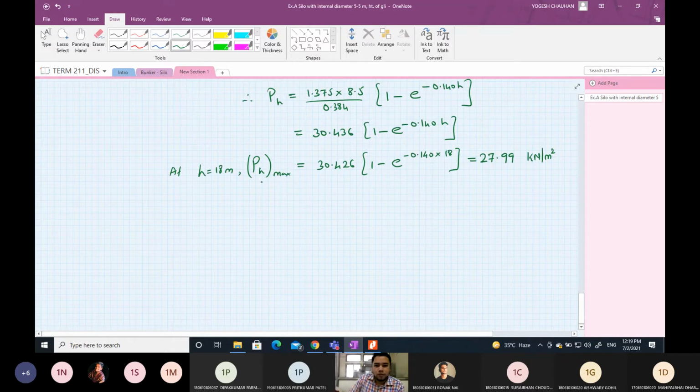Now from this horizontal pressure you can find the vertical pressure.